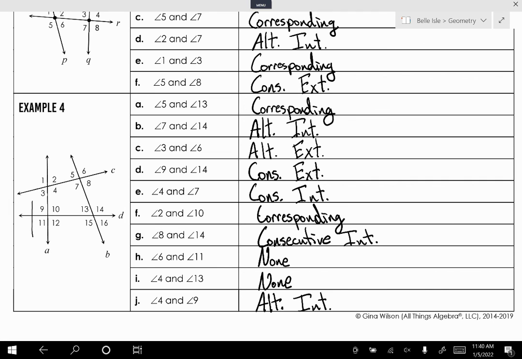I didn't say that. Name that angle pair.